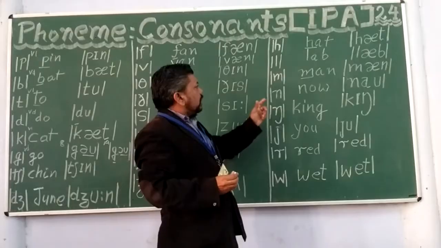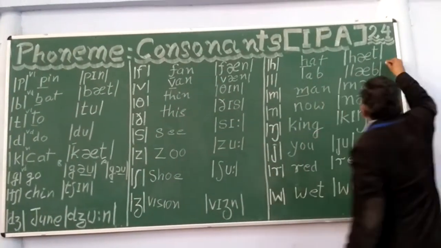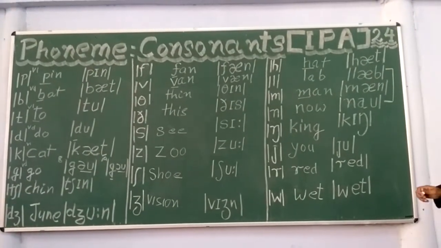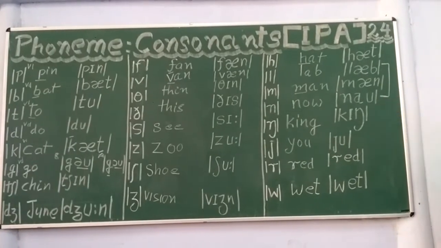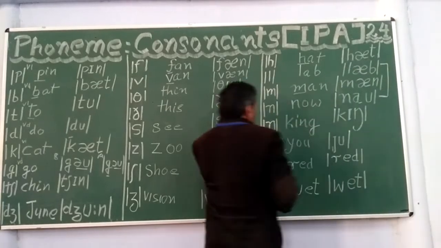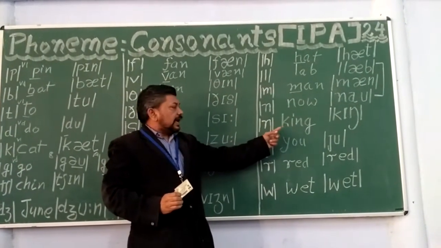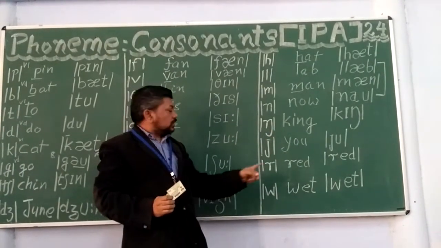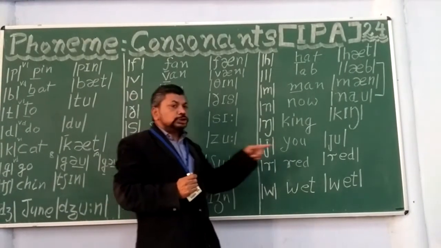And I would also like to say why these three consonants are clumped together. These three consonants are known as liquid consonants as well. Then there comes nga, as in king, as in sing. Then there comes ya, the ya sound as in you.